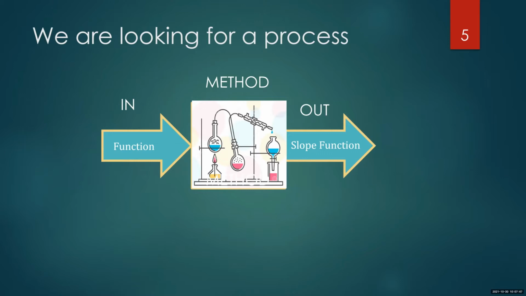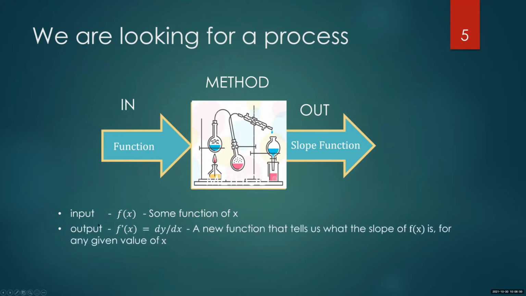It's a function that tells you what the slope of your original function is at every point. So the input, as I've mentioned, is f of x, which is some function of x, and the output is f dash of x, also called dy dx, and that's a new function that tells us what the slope of f of x is for any given value of x.